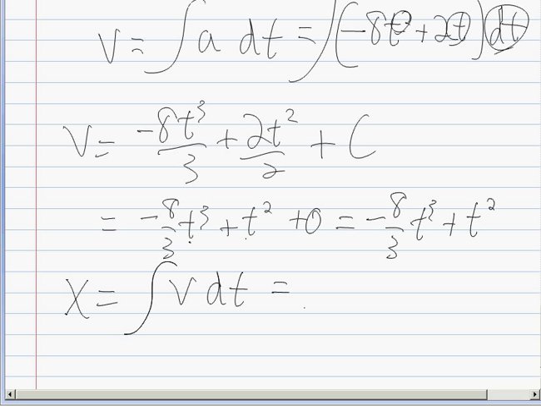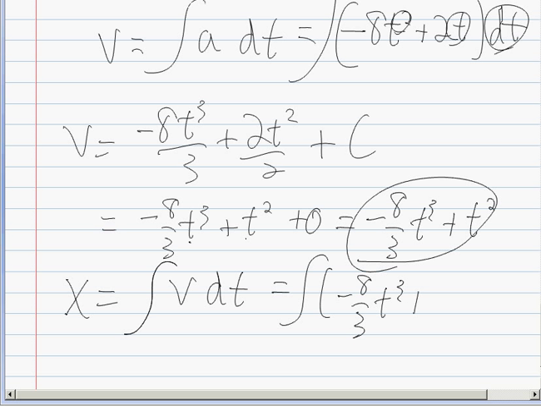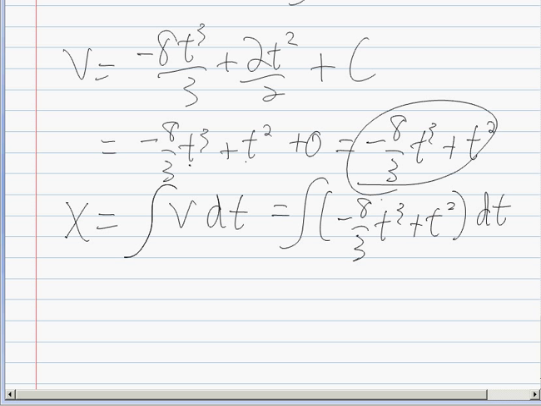We're just going to end up increasing the power on this guy and this guy. And we'll have a constant because we're taking the indefinite integral. So x is going to be, I'm going to take this away real quick. Okay. And we're going to take the integral of that.